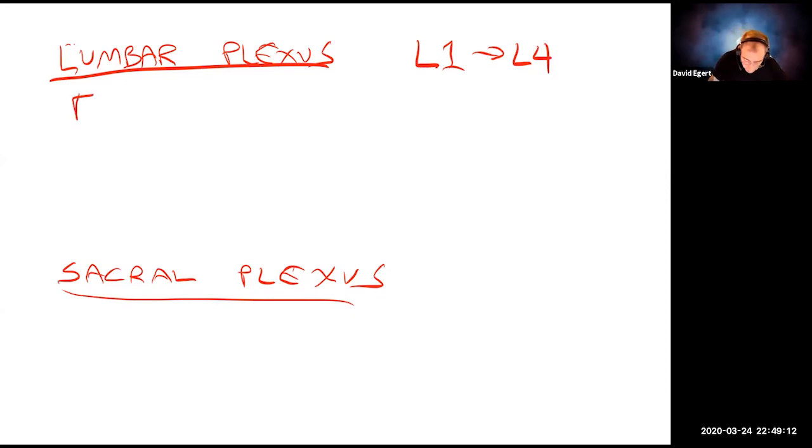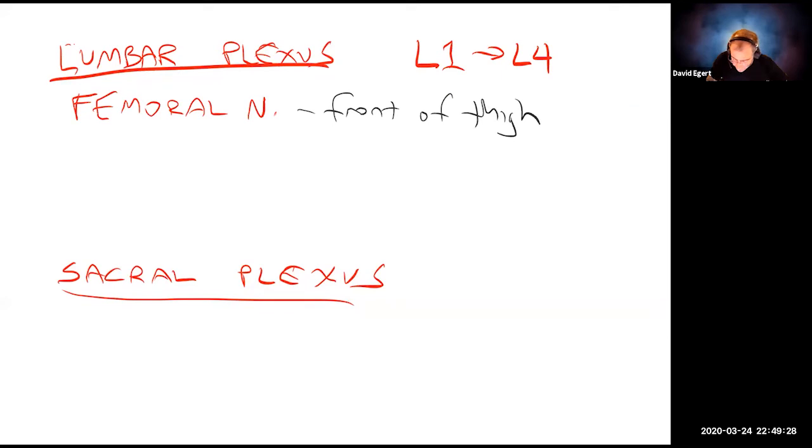One is the femoral nerve, which comes to the front of the thigh. And these are basically going to be your thigh extensors.